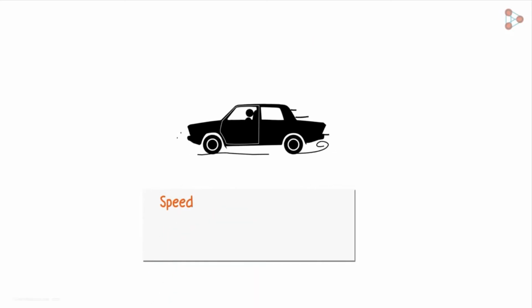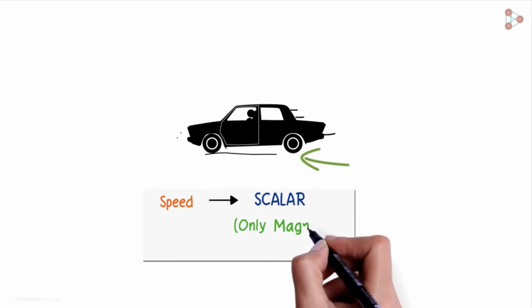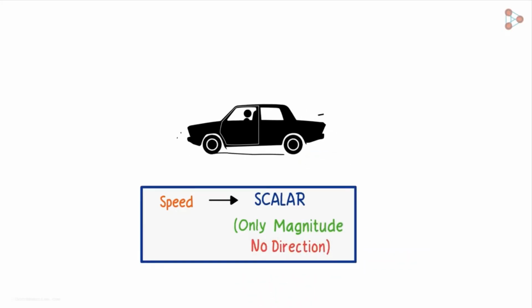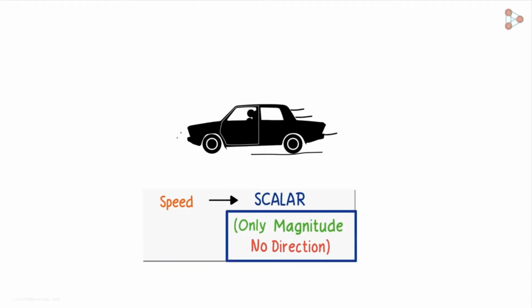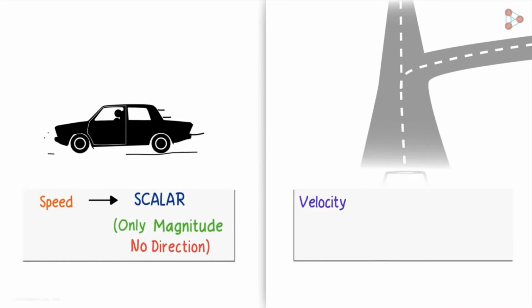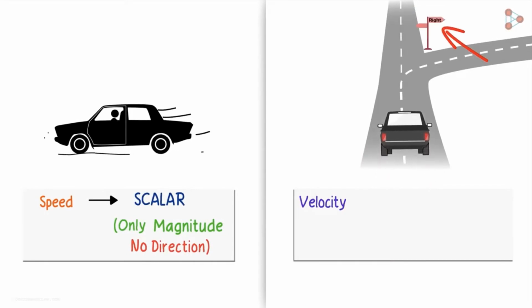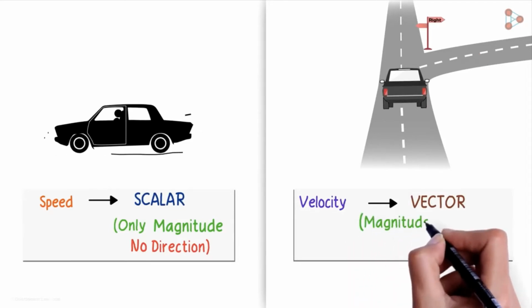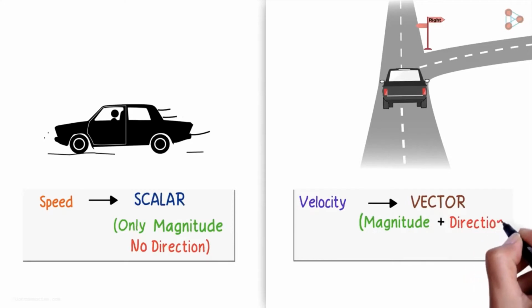Speed is a very good example of what we call in physics a scalar quantity, indicating only magnitude but not specifying any direction. So that's what scalar quantities are, only magnitude but no direction. In the case of velocity, however, the direction is stated, and that's why it is referred to as the vector quantity. A vector quantity involves not just the magnitude but also the direction.